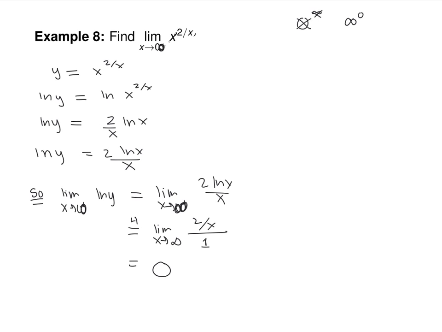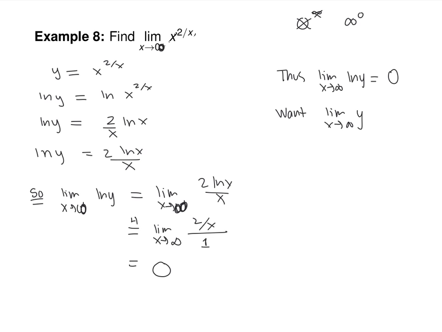You know that. So thus the limit as x goes to infinity of natural log y is equal to 0. What you want is the limit as x goes to infinity of y, without the ln there.